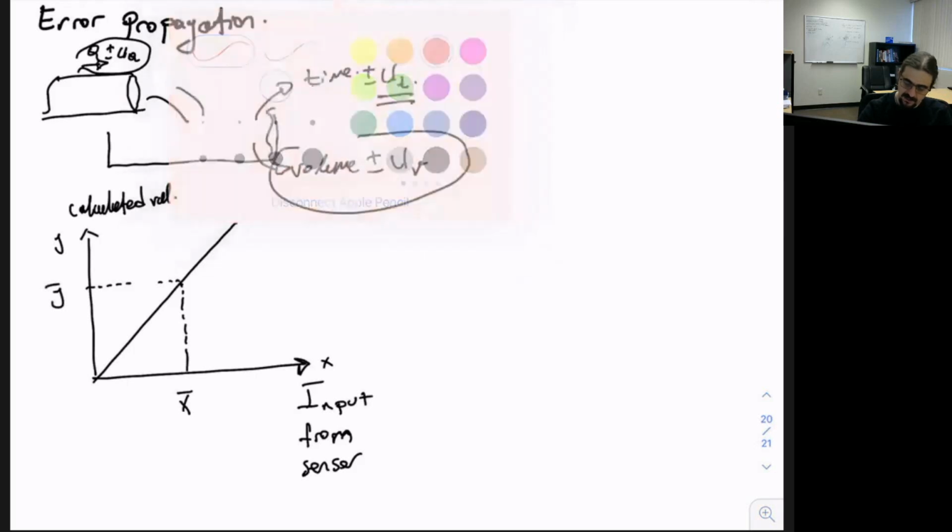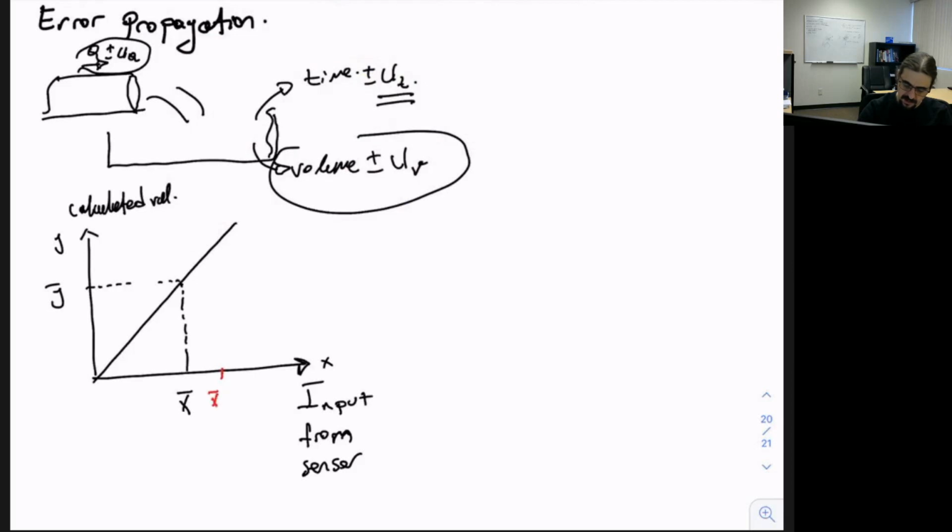The question that we are interested in today is, if we have an uncertainty of X bar plus minus Ux, and X bar plus minus Ux on the other side, how that error then propagates into Y. In this case, that will be Y bar minus Uy, and Y bar plus Uy.